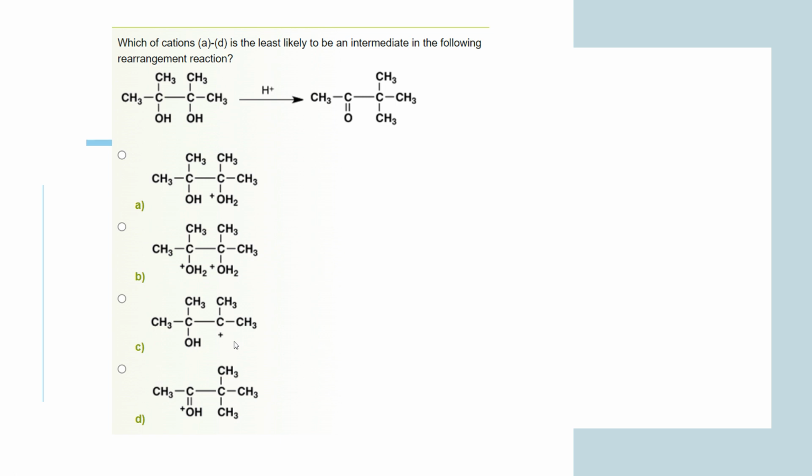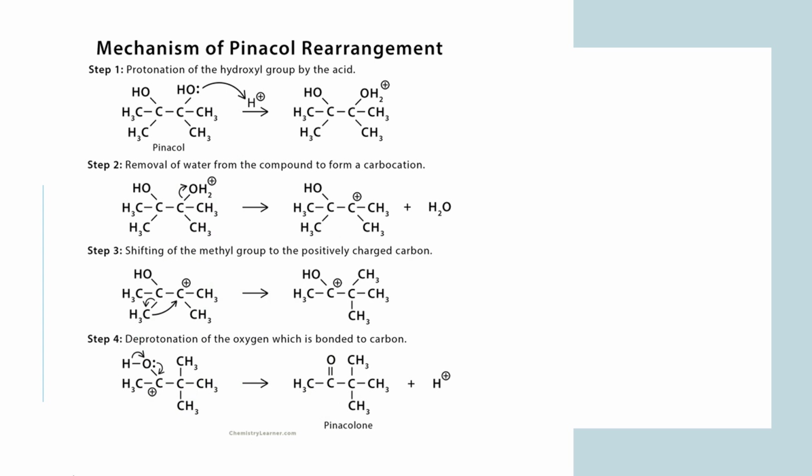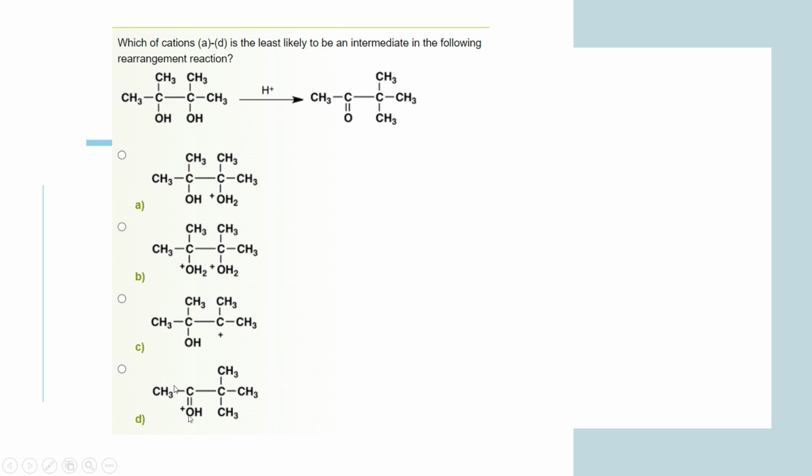And option D also, if you remember, at the end, when we neutralized the second carbocation, like here, the electron push from the oxygen led to the formation of carbon oxygen double bond, and we got the second oxonium possible in the reaction mechanism.